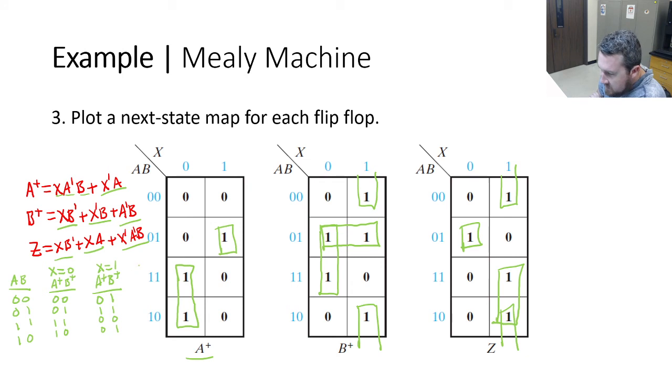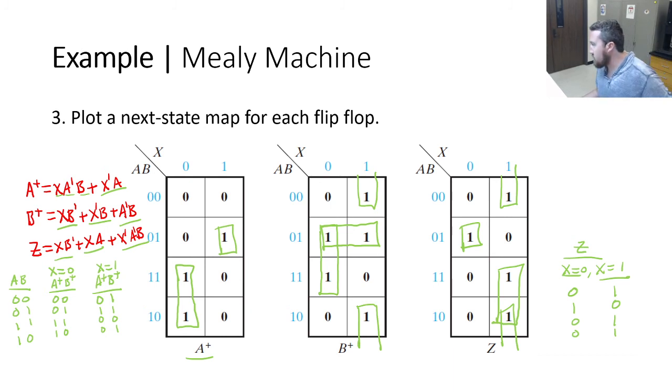And then Z is actually going to split up. I'm going to bring it over here and say for Z, we have different Z's for if X is equal to 0 and X is equal to 1. And that's going to be 0, 1, 0, 0, and 1, 0, 1, 1.